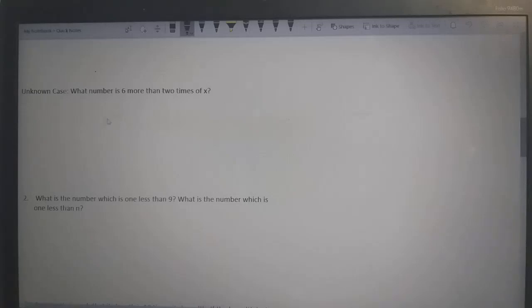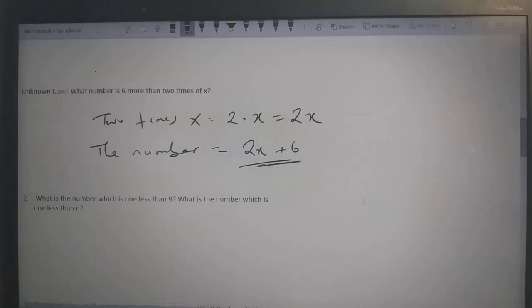So we are going to say 2 times x will be 2 multiplied by x, and that will be 2x. So our number, which is 6 more than 2 times x, will be 2x plus 6. That's the number.